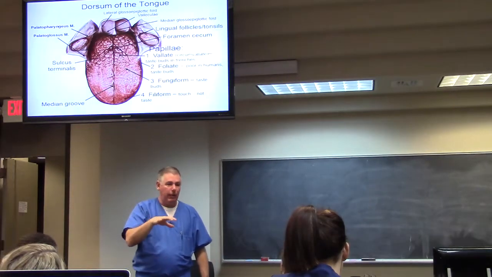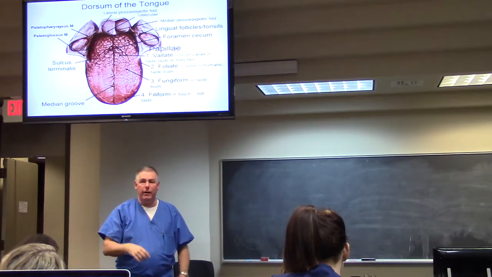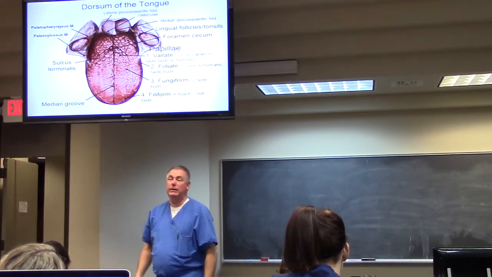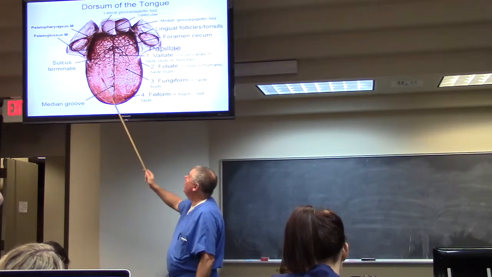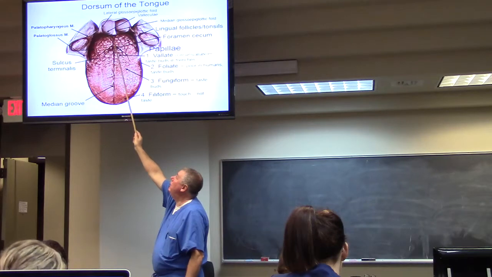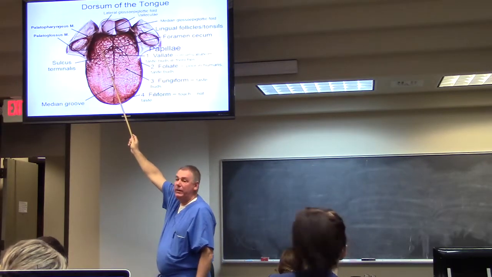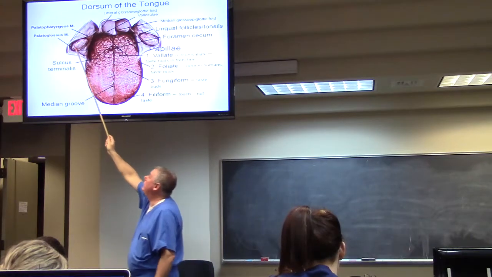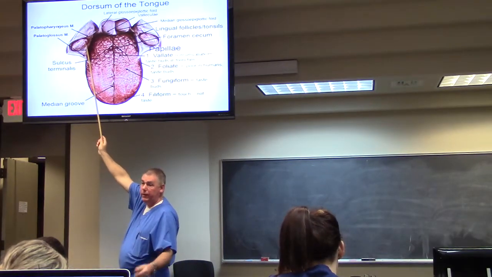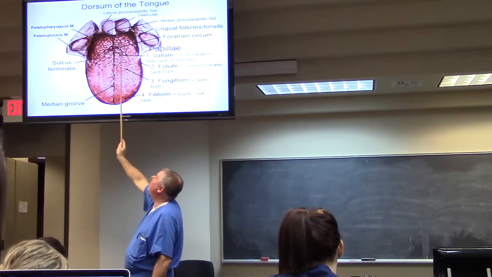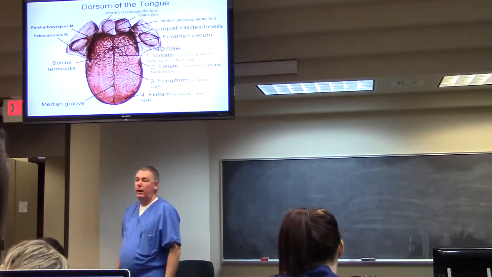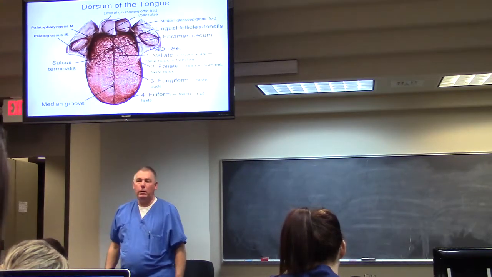If you haven't done that, I would encourage you to look at it in a mirror. It is really a nasty looking thing. Back in the very base of the tongue, back where the epiglottis is, there's lymphatic tissue. The palatine tonsils are lymphatic. The lymphatic tissue on the base of the tongue is called the lingual tonsils.